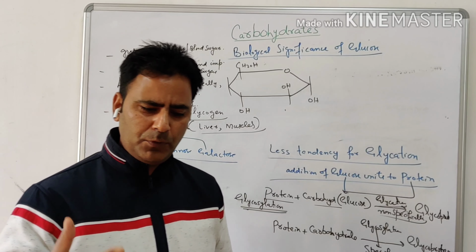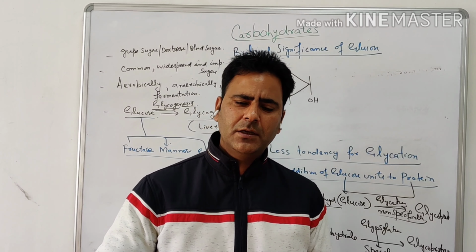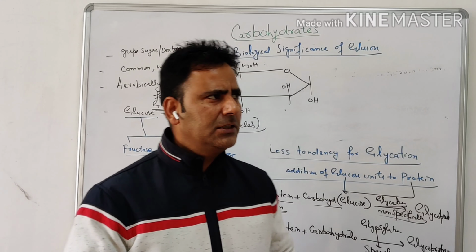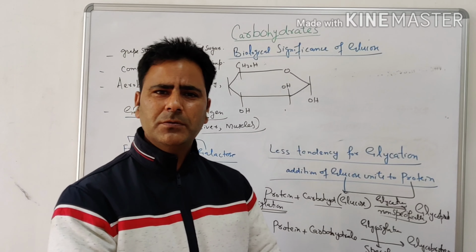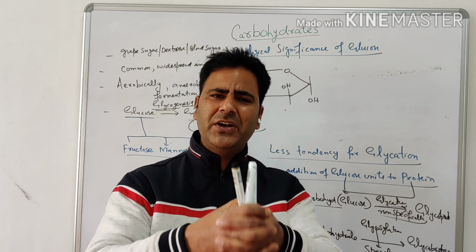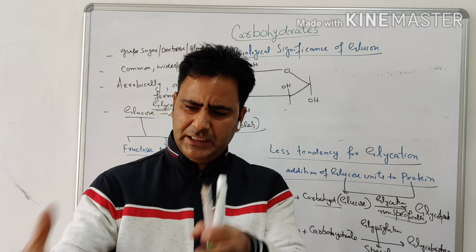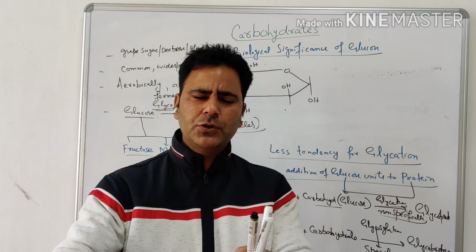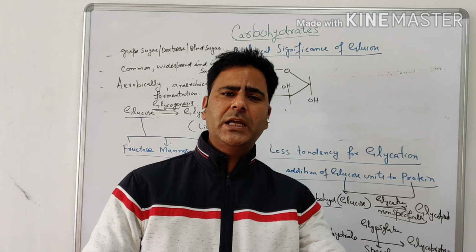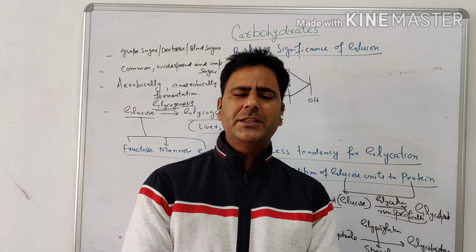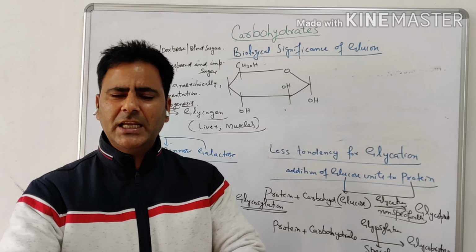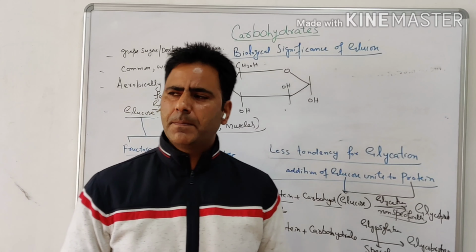Our body is adopting the process of glycation at the moment when there is a very additional amount of glucose, and we are not able to get rid of this extra glucose, and this glucose has a tendency to bind non-specifically with the protein, forming glycation. By the process of glycation, it forms glycoproteins.